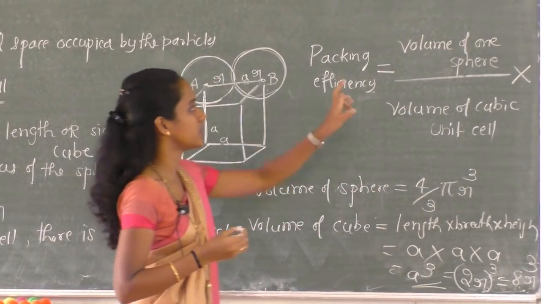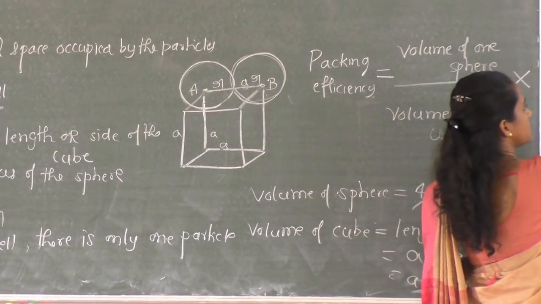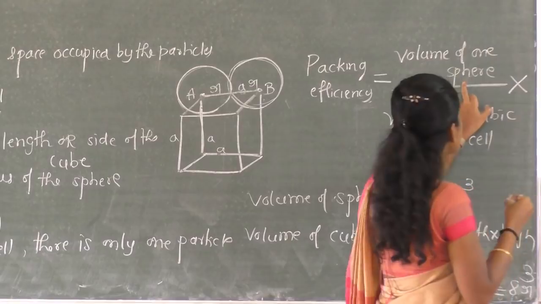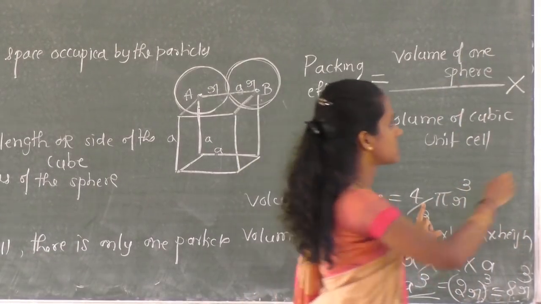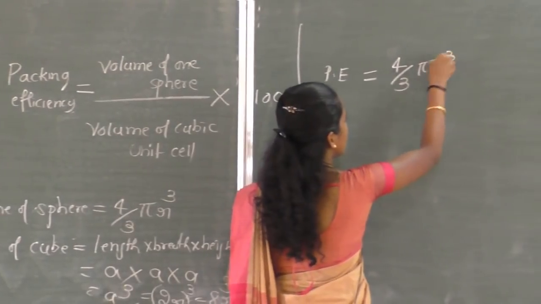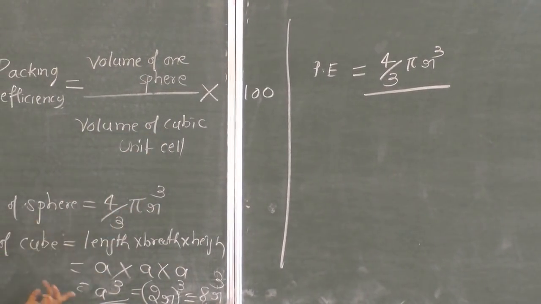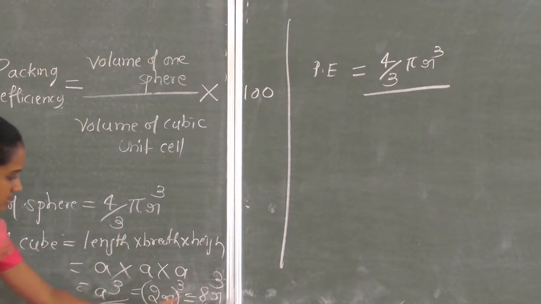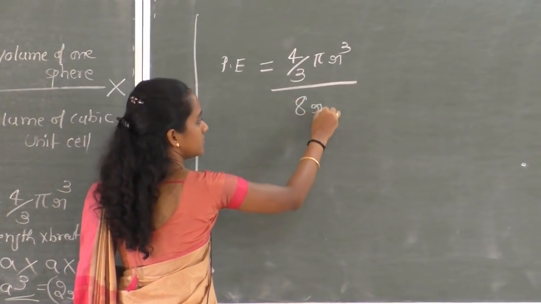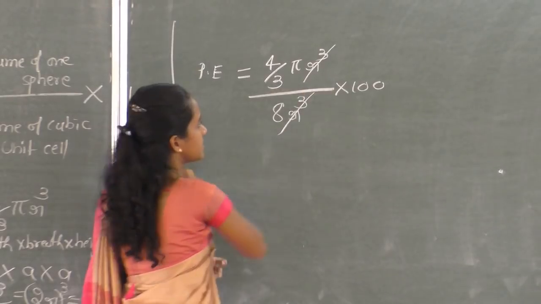Now let us substitute here. Packing efficiency is equal to volume of one sphere, which is 4/3 pi r cube, divided by volume of the cubic unit cell. What is the volume of the cube? It is 8 into r cube, multiplied by 100. So r cube gets cancelled.